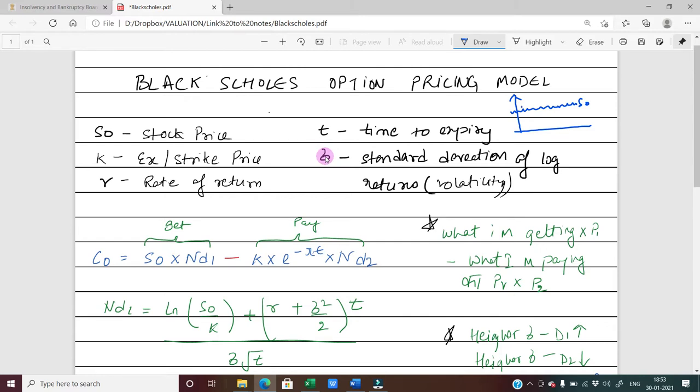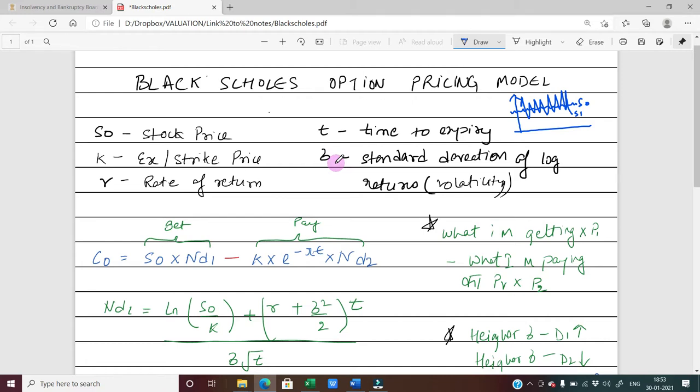But there is another share whose pricing is like this. I will term it S1. So I can say S1 is more volatile in comparison to S0. This is the meaning of standard deviation. So the higher the standard deviation, the higher the value of the option.